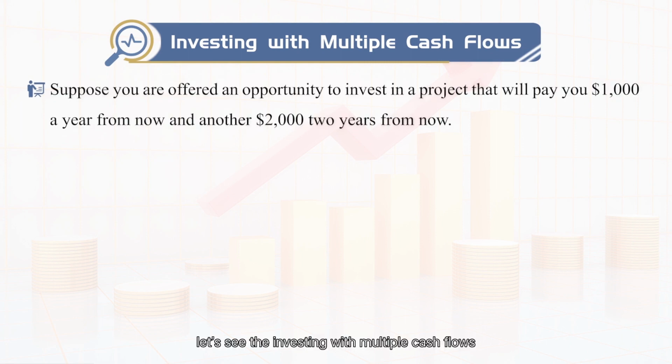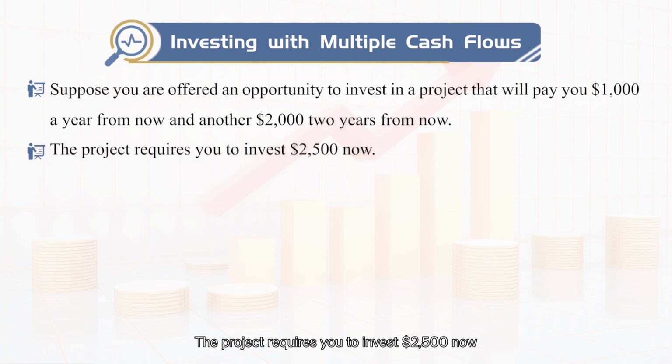Finally, let's see investing with multiple cash flows. Suppose you are offered an opportunity to invest in a project that will pay you $1,000 a year from now and another $2,000 2 years from now. The project requires you to invest $2,500 now.